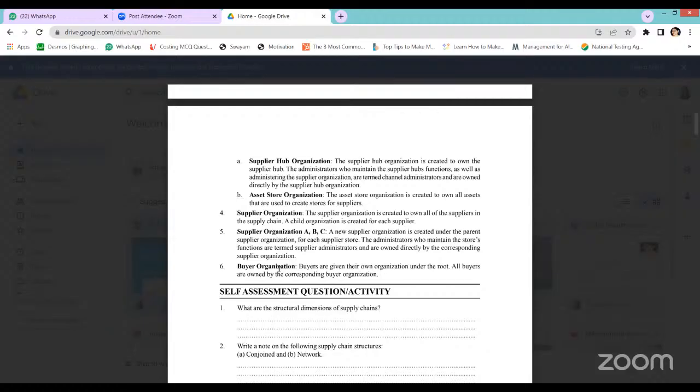The buyer organization is the one under the root. All buyers are owned by the corresponding buyer organizations. So you may have different buyer organizations through whom you are reaching your customers.